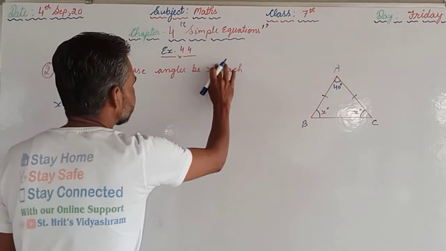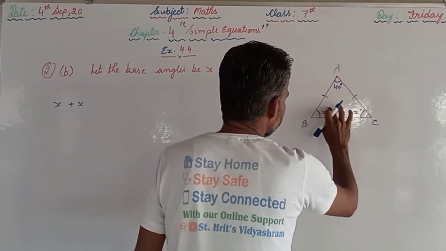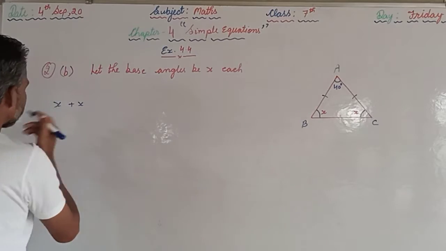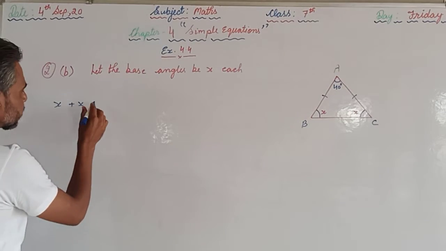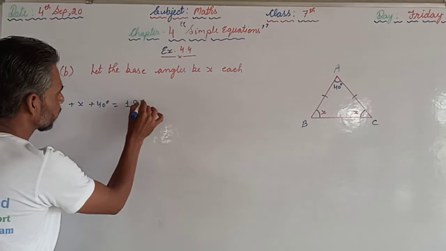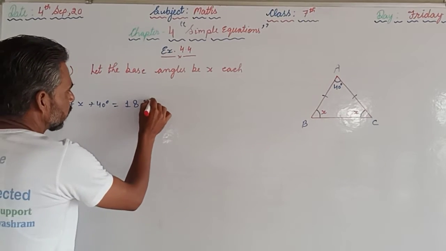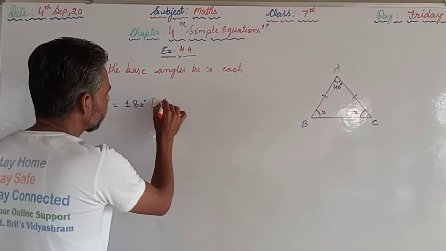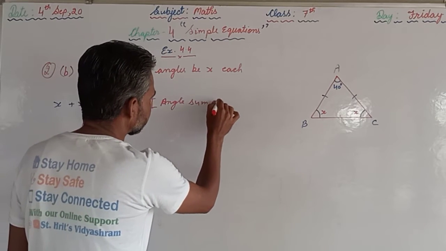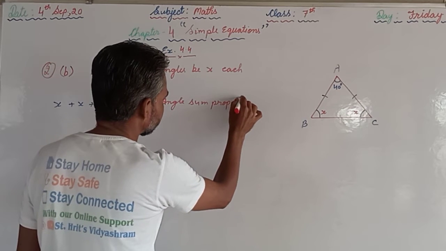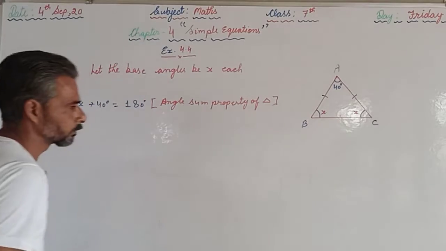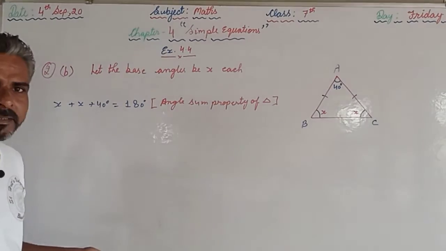We can take x only, no need to write degree every time, that will be much easier. So x plus x plus 40 degree is equal to 180 degree. Why? We already know the angle sum property of a triangle: the sum of the angles of a triangle is 180.